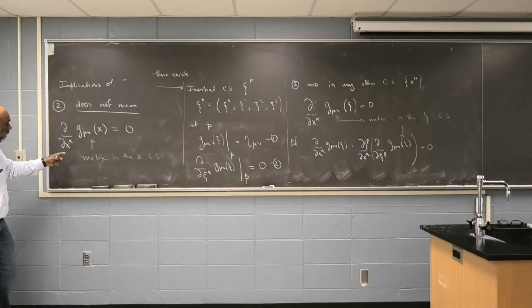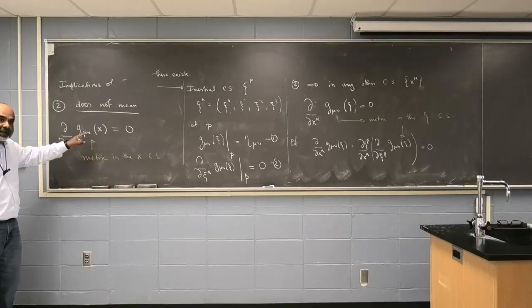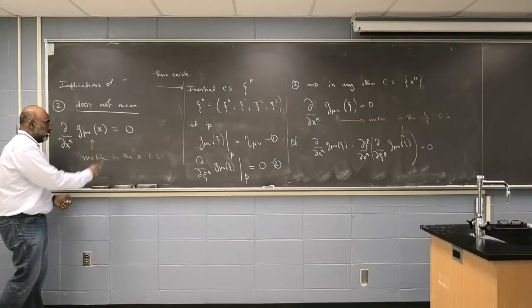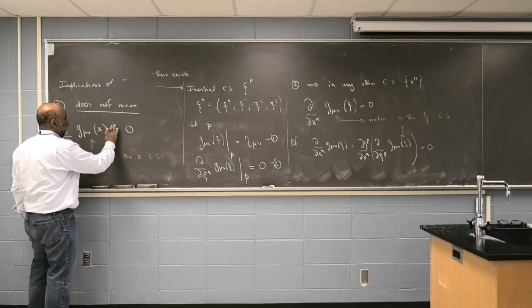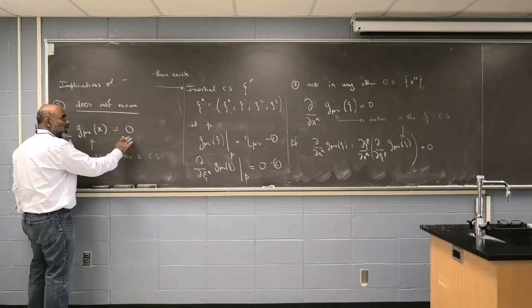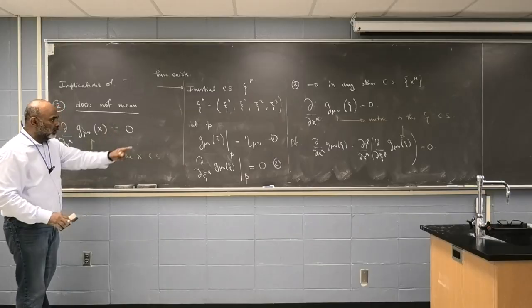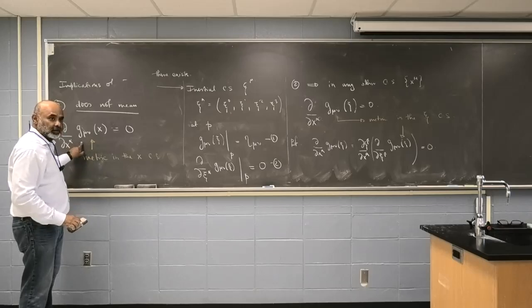It does not mean that the derivative in the x coordinate system is 0. As a matter of fact, when I see this, it's just jarring. Okay, to be very clear, this is the case. But I said it does not mean. Now, why wouldn't it imply? Why wouldn't that imply this?